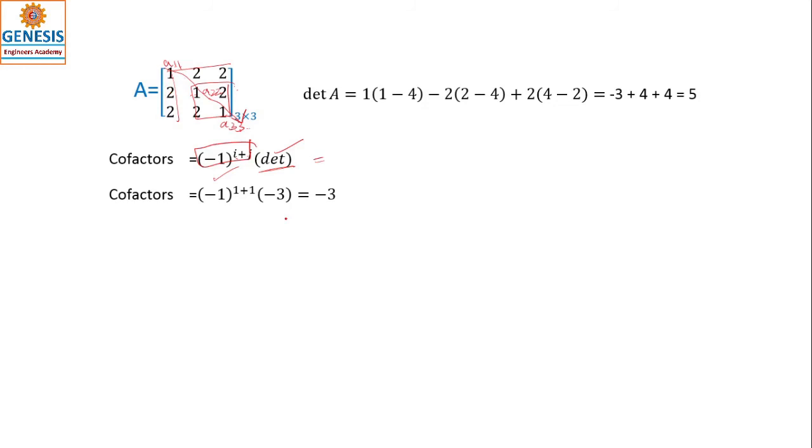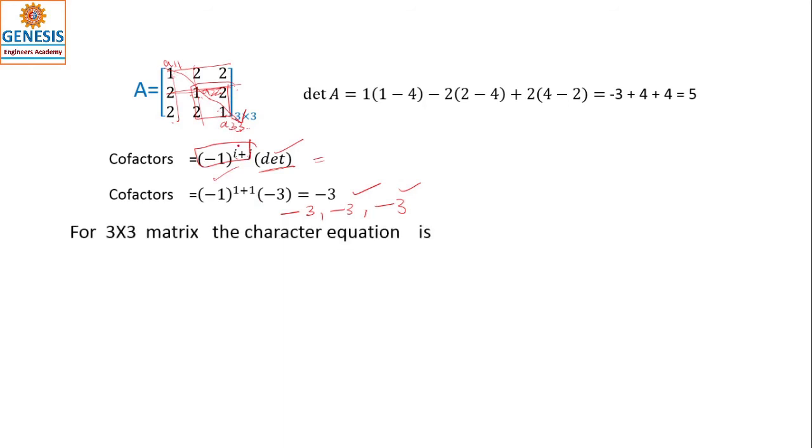If you follow the same thing for the second one, 1 into 1 minus 4, same. So the cofactors of A11, A22 and A33 are minus 3, minus 3, minus 3. And the trace is 1 plus 1 plus 1, which is 3.